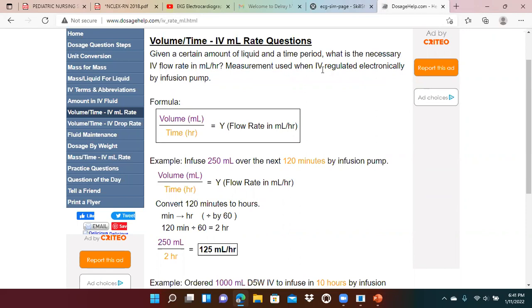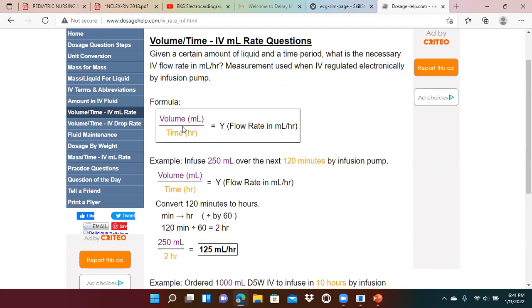This is the measurement used when IV is regulated electrically by an infusion pump. So this is the formula we use for infusion pump, or IV milliliter rate calculations. Definitely this flow rate formula is expressed in milliliter per hour, not per minute. It is important, give it focus.